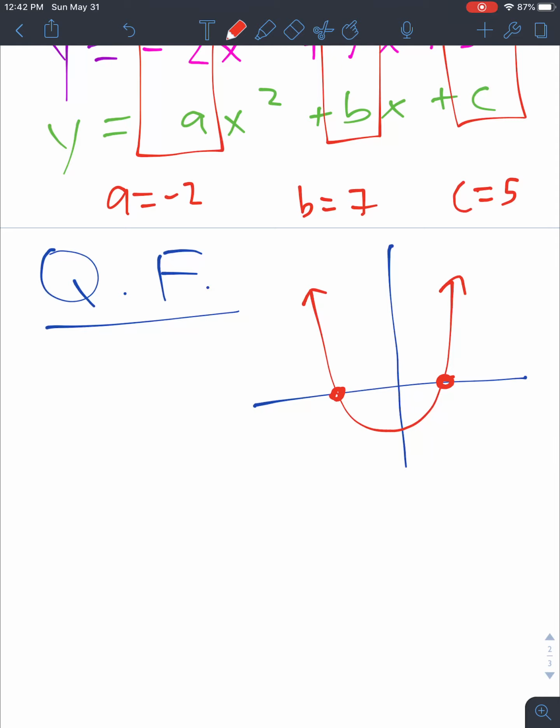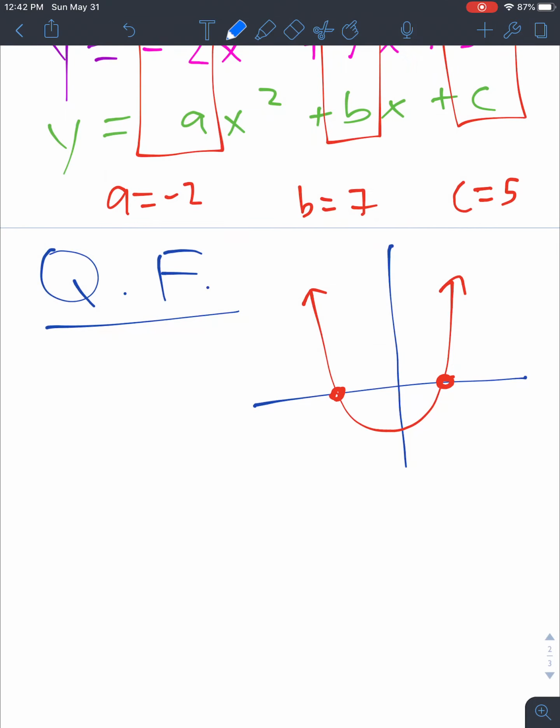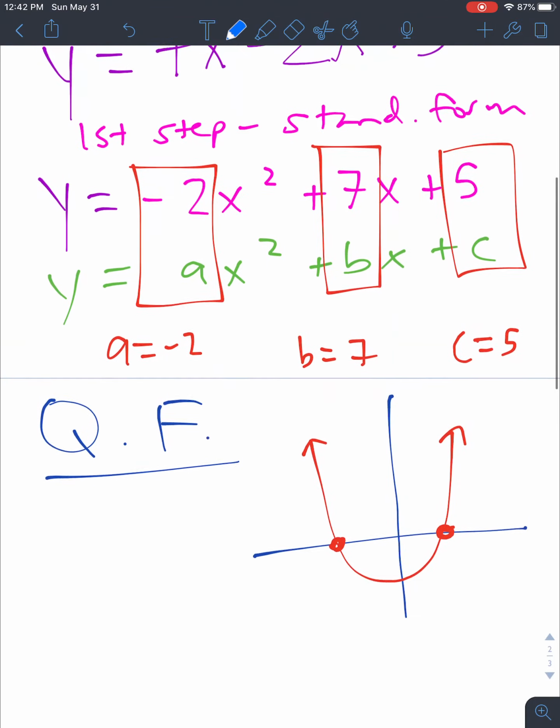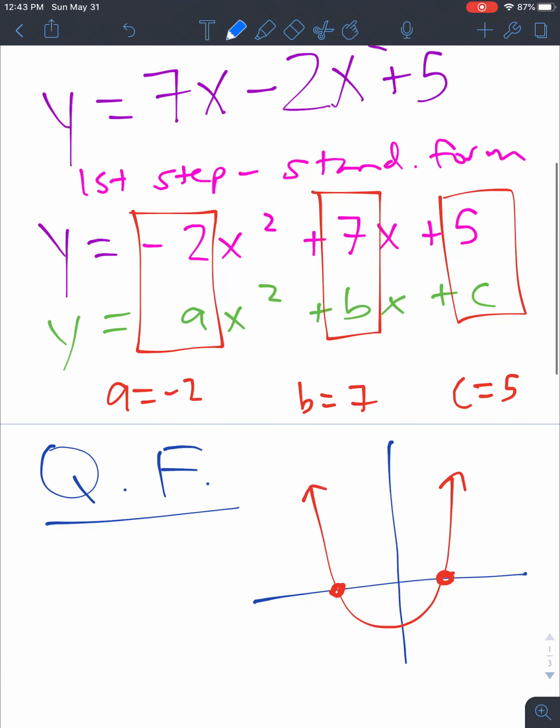This is a fundamental thing in math: sometimes the only thing you need to know about a formula is where it crosses the x-axis, and that's what we call our x-intercepts.